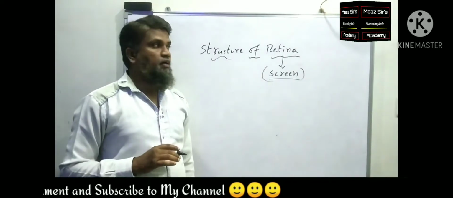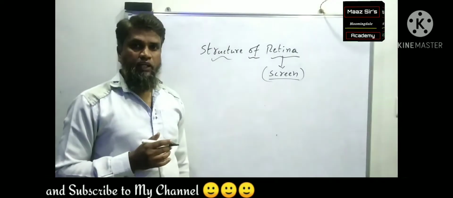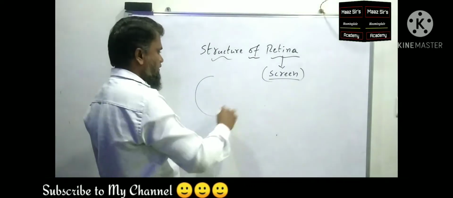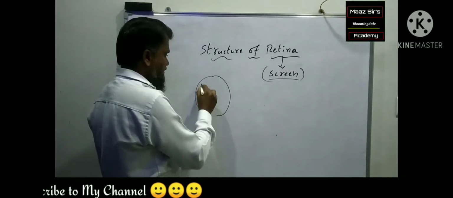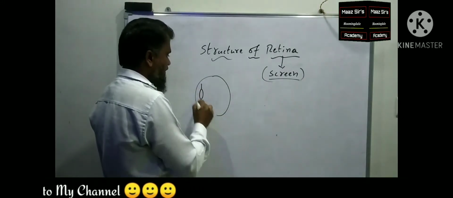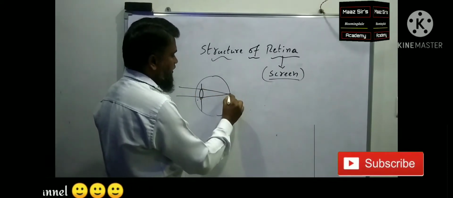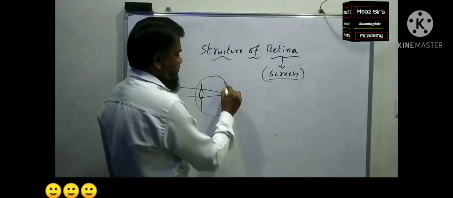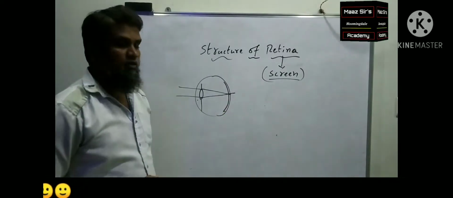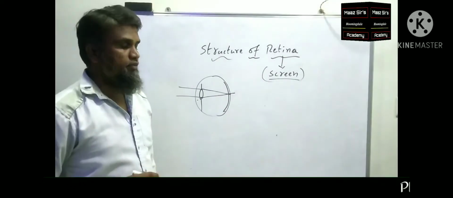After the light passes through the eye lens, so this is the structure of the eye, and this is the lens here. When the light passes through the lens, the image will be formed on the retina. In detail we will discuss what the retina is made up of.